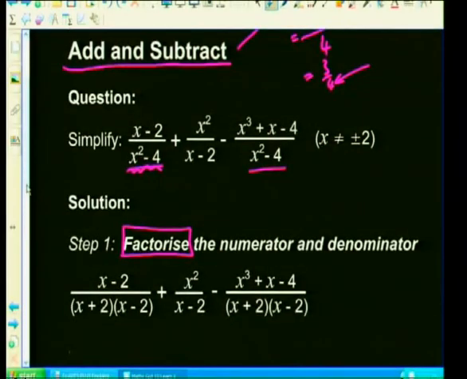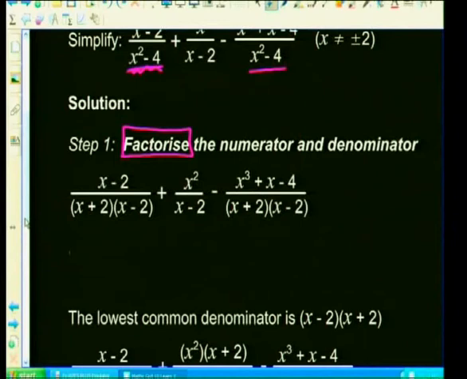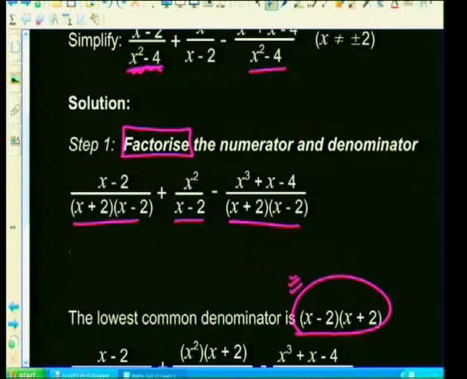Right, so what we've done is we've factorized our numerator and our denominator, and we have the lowest common denominator of x plus 2, x minus 2. Let's just double check that. That times something will give us that. That times something will give us that. And that times something will give us that.